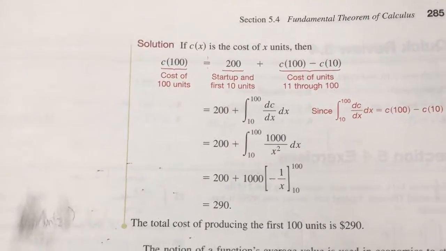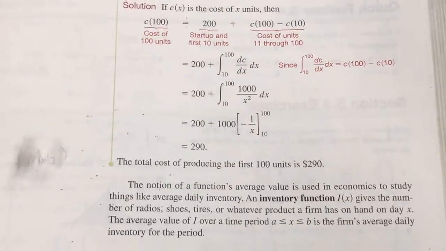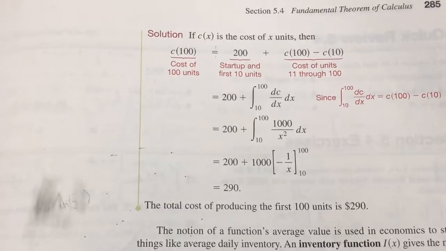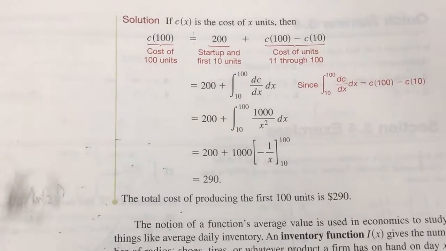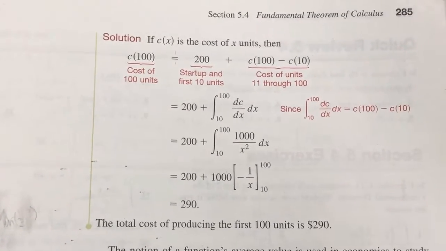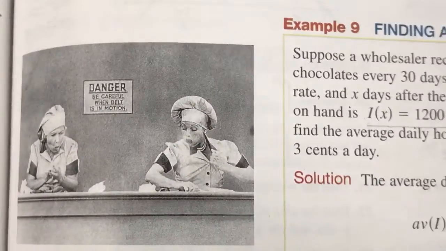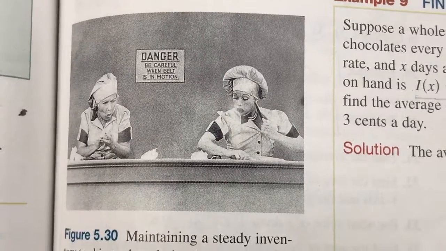Make sense? Yeah. Why are those in that picture below? Why are they just eating a bunch of cupcakes? Maintaining a steady inventory to ship to the wholesale. It's from I Love Lucy on the right, and then Ethel, her friend. They're wrapping candy in the episode.